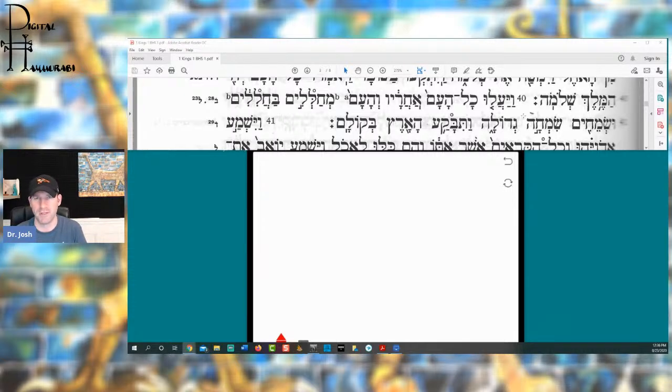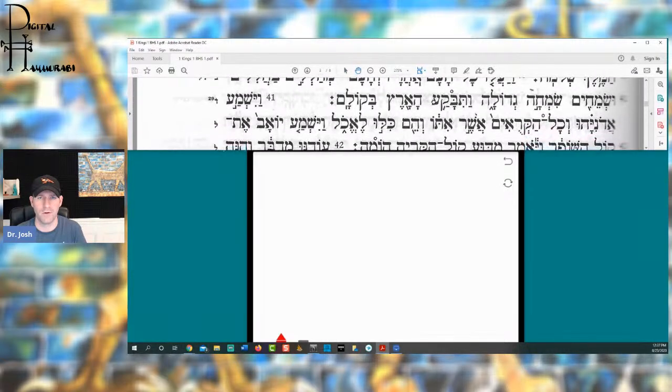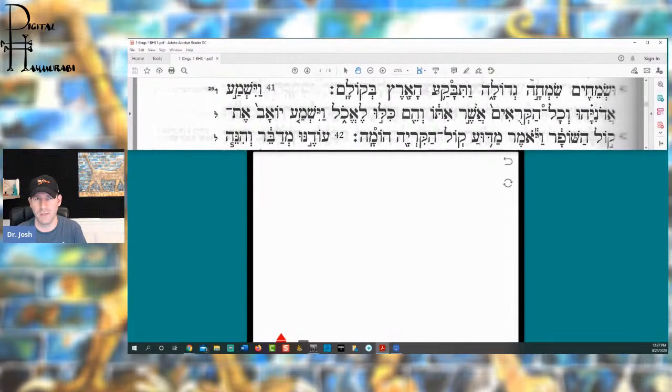They were rejoicing greatly. Vatibaka haaretz bekolam. And the earth was split, literally, maybe rumbling is a good translation, at their voice, or their sound. Okay. So they're all rejoicing, a bunch of noise.